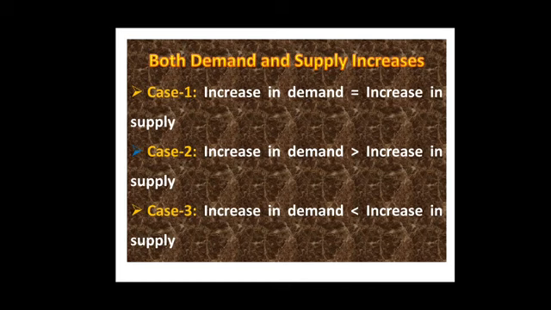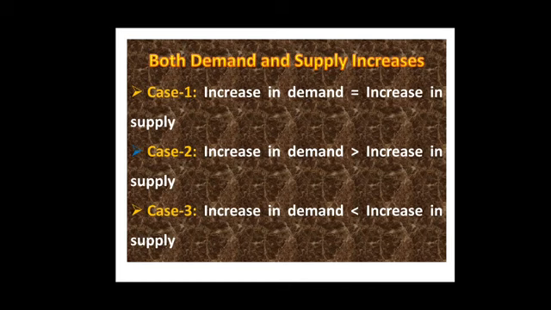Let us first discuss the first situation, when both demand and supply increase simultaneously. Dear students, it is obvious that when both demand and supply increase simultaneously, it will cause increase in equilibrium quantity of a commodity, which means that in this case equilibrium quantity will increase.